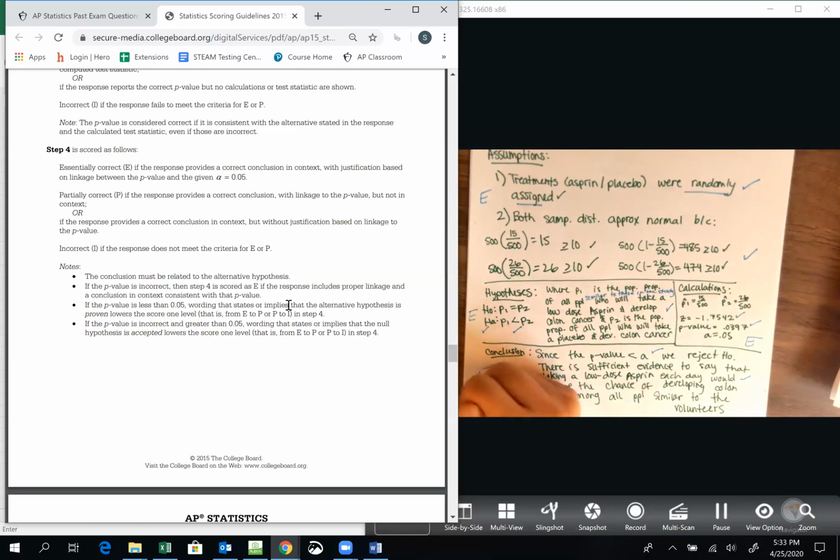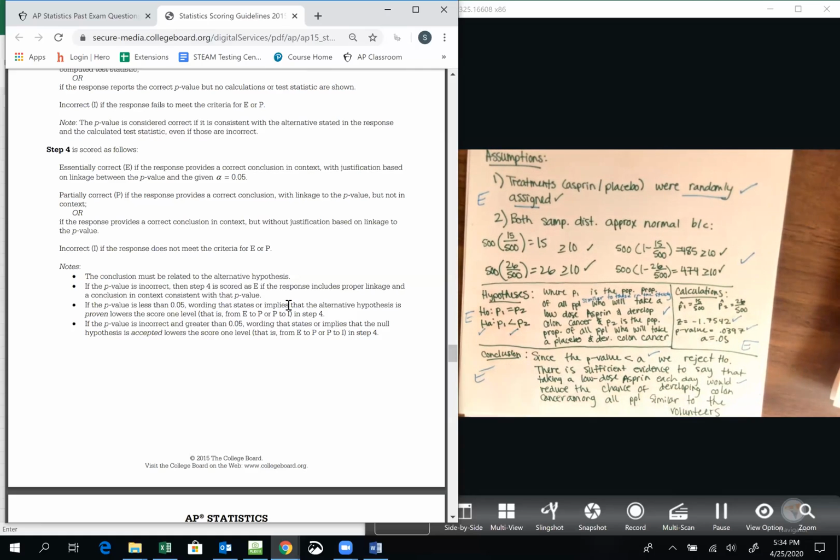Okay, that's essentially correct. Partially correct if the response provides a correct conclusion with linkage to the p-value but not in context, or a correct conclusion in context but without justification based on linkage to the p-value. So if you skipped the first sentence and you just said there is sufficient evidence, that would be partially correct. There is sufficient evidence, and then you finished out this whole sentence.